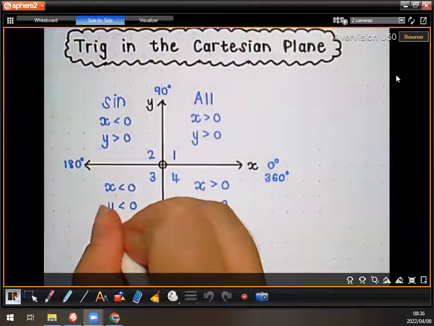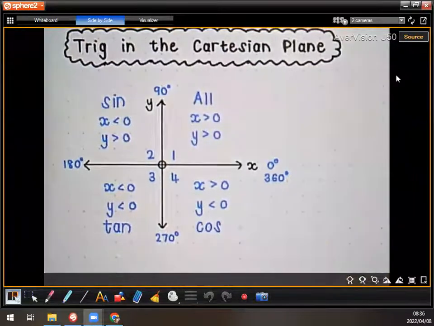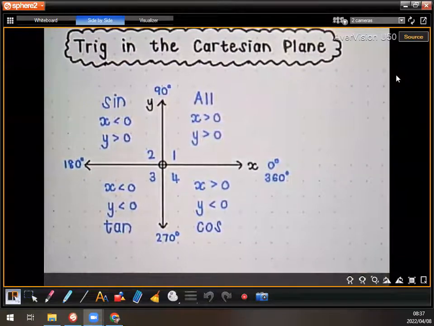In the third quadrant, only tan is positive, and in the fourth quadrant, only cos will be positive. So we will talk quite a lot about the CAST diagram, starting from the fourth quadrant going around. We will do that again later.